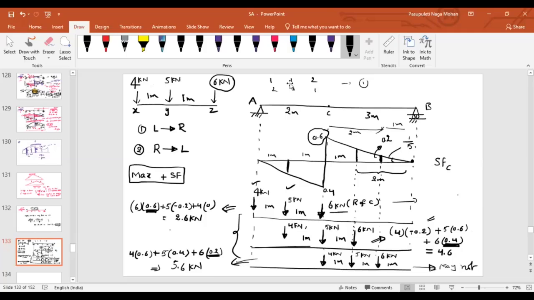Can you quickly solve what is the maximum negative shear force that you can get if the loads are moving from left to right? Can you please tell me this value quickly? Please find it out quickly. Meanwhile, if you guys are having any doubts, let me know. It won't take more than 5 minutes. Please tell me the value.